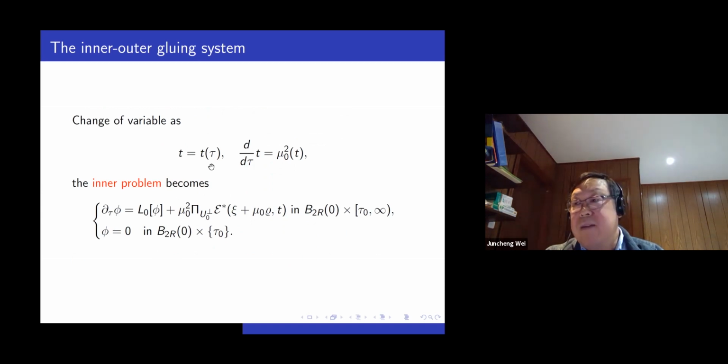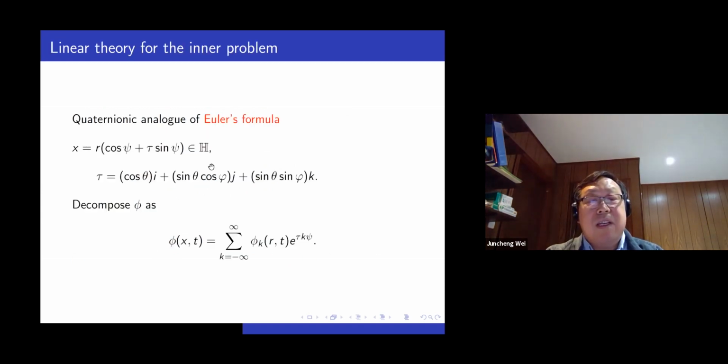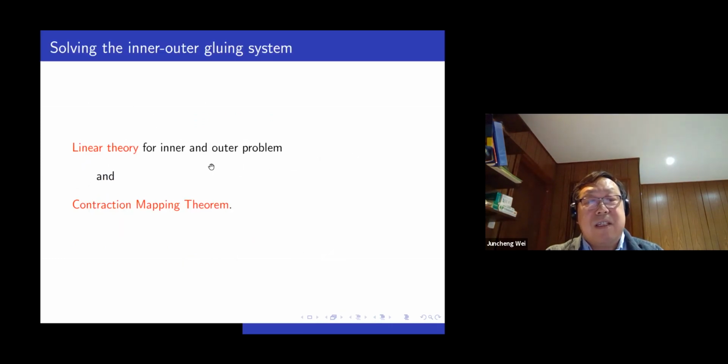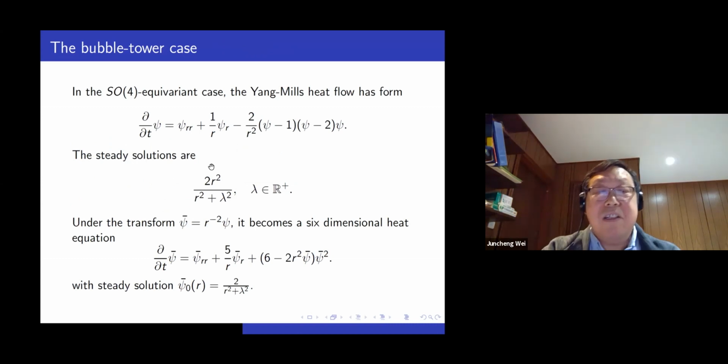Okay, so I will not talk about more. I think my time is almost up. So I will maybe now go to the bubble tower construction, because the bubble tower I think is quite interesting.